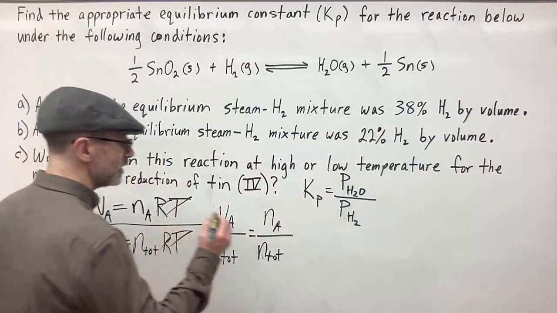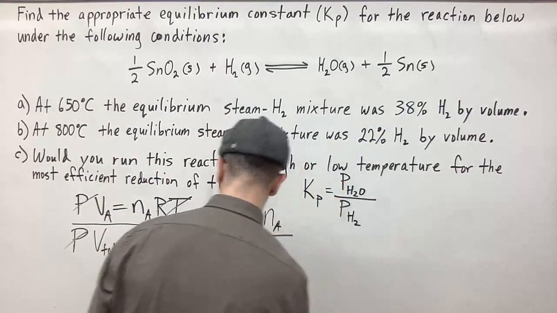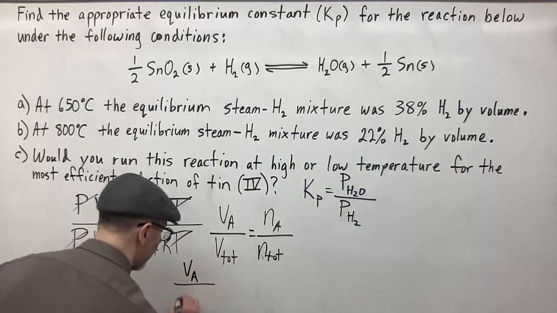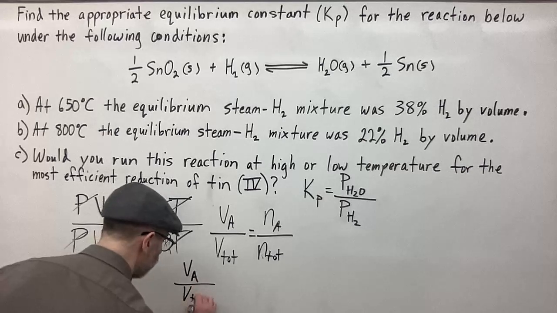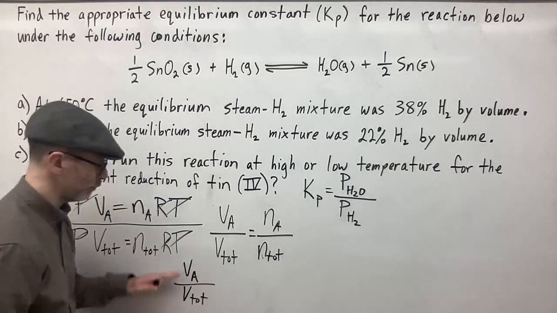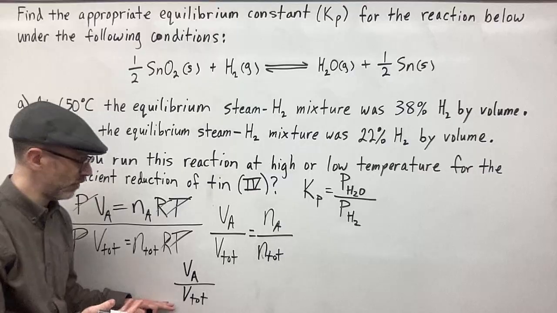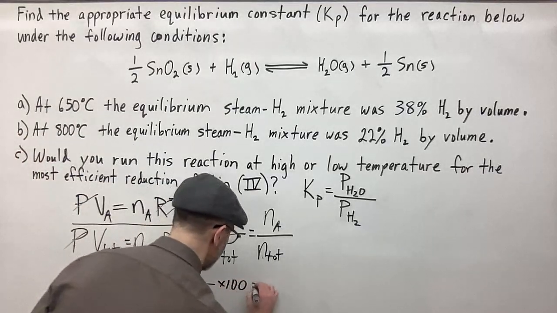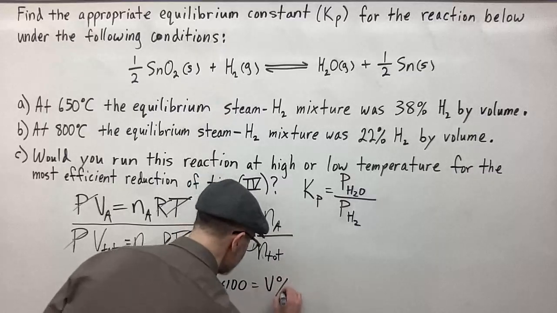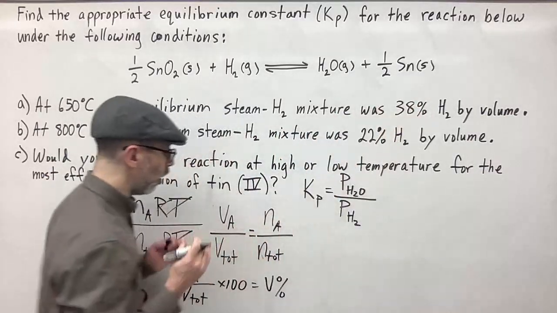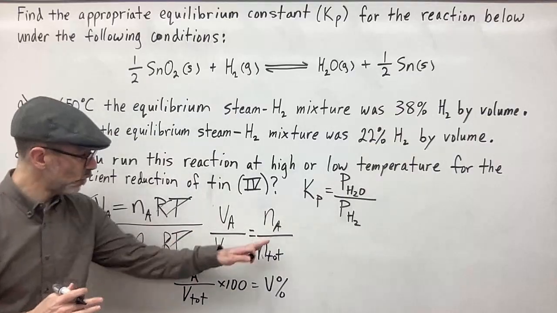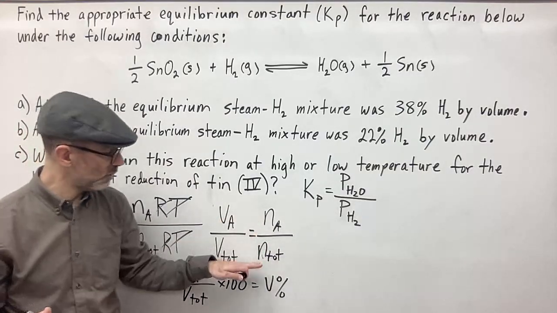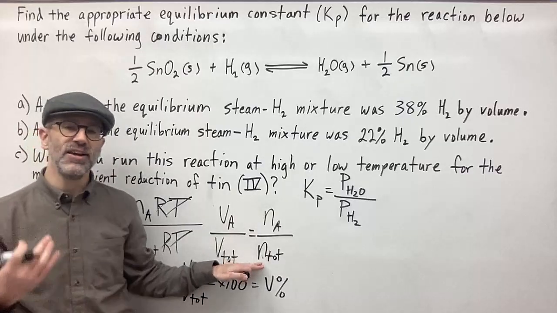If we have the volume of some gas A divided by the total volume, that's a fractional amount of the volume of A with respect to the total. If we multiply that by 100, then we get the volume percent, which is what we're given. Also, keep in mind here, what do you notice? We have the moles of a certain gas divided by the total moles. Well, that is the mole fraction.